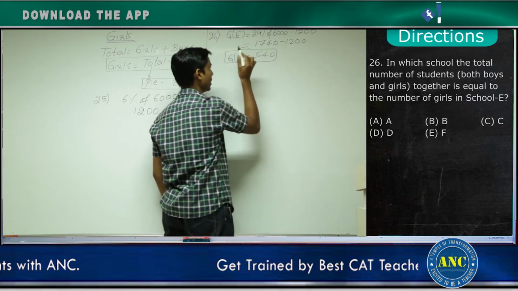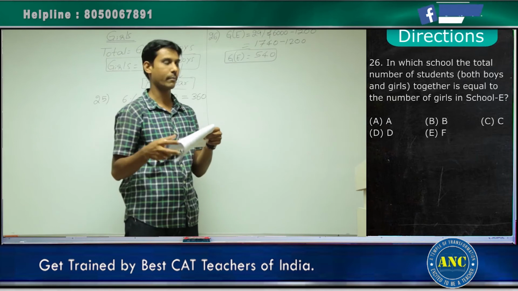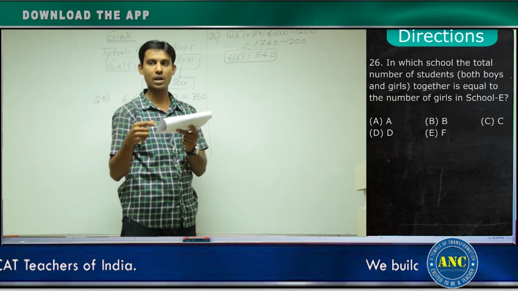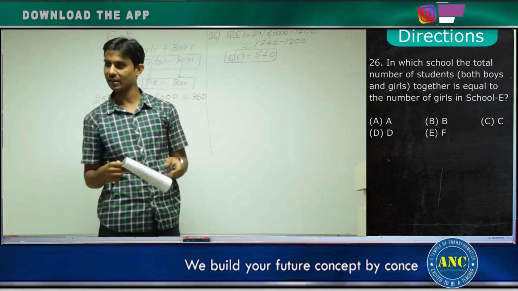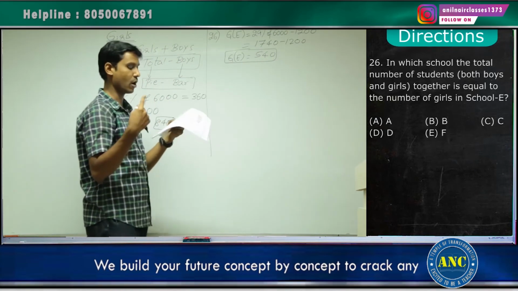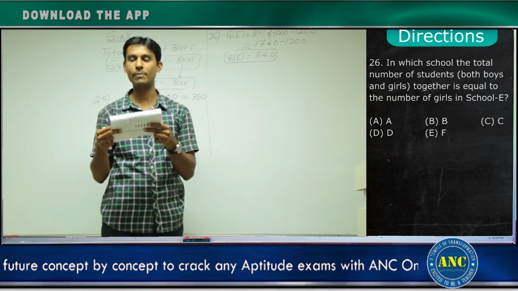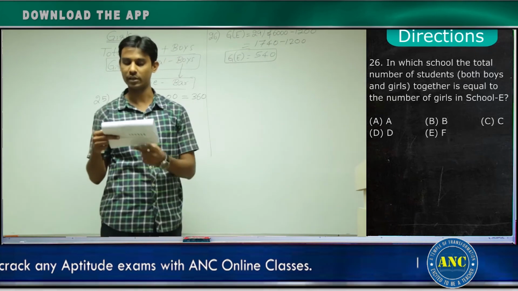They are asking, in which school is the total number of students equal to the number of girls in school E, or in other words, equal to 540. That is what they are asking indirectly, right? School A is 12% of 6000, which is not 540.